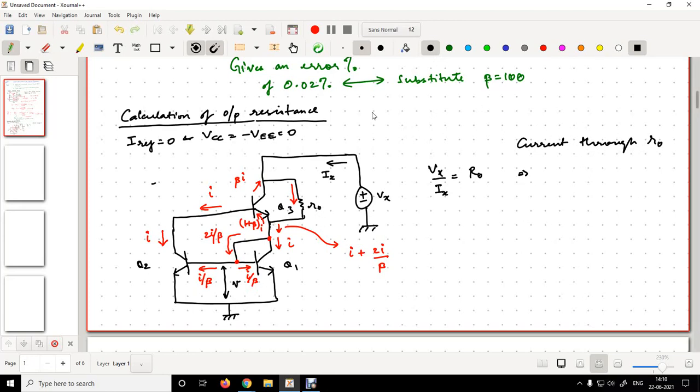That is obtained by applying KCL at this node, just at the emitter of Q3. So that will be a combination of 1 plus beta times I and this current, right? Then you will get, I will write it as I R naught, as, just a second, rearrange this slightly. Vx by Ix will give me R naught.